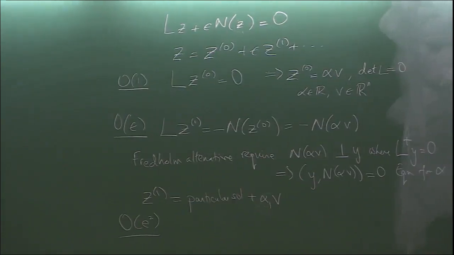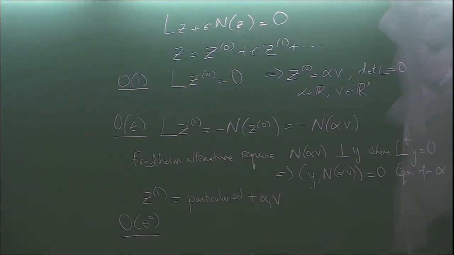Now your right-hand side will have an alpha 1. And apply the Fredholm alternative condition to find alpha 1. So every time you have an unknown parameter at one order, you need to go to the next order to fix that unknown parameter. Does that idea make sense?